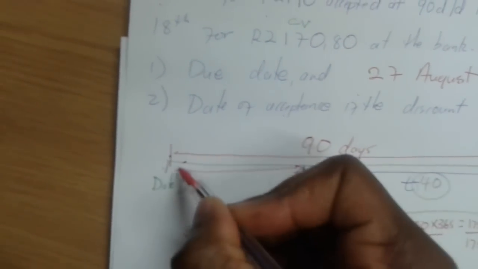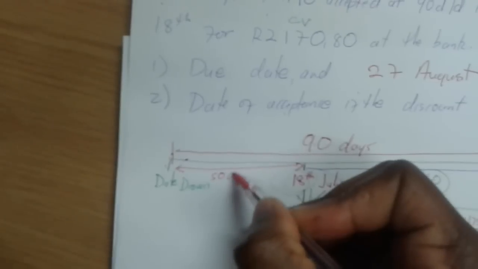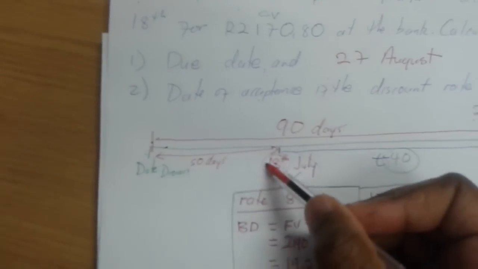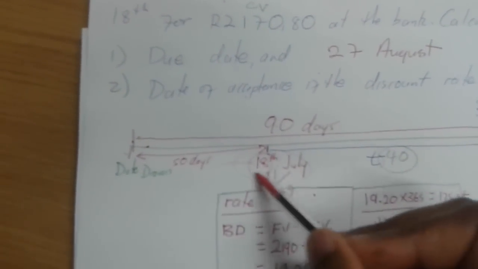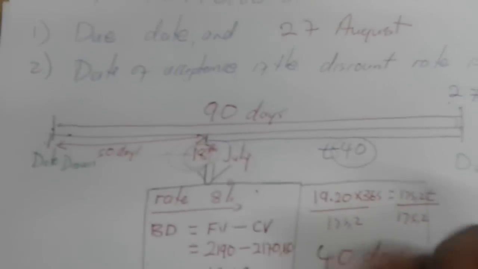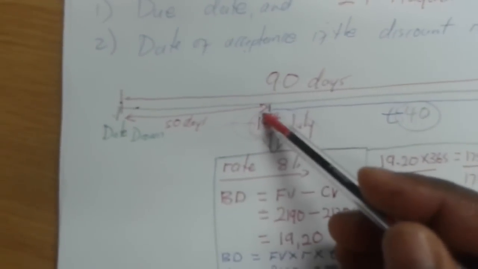So this is 50 days. Remember, we are counting 18 July here because we did not count 18 July there. Remember, we said 31 minus 18. It simply means when we went this side, we said 19, 20 up to 31. So when you go backwards, remember to count 18 in.